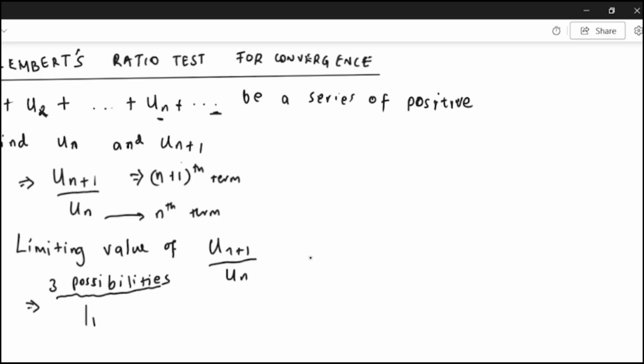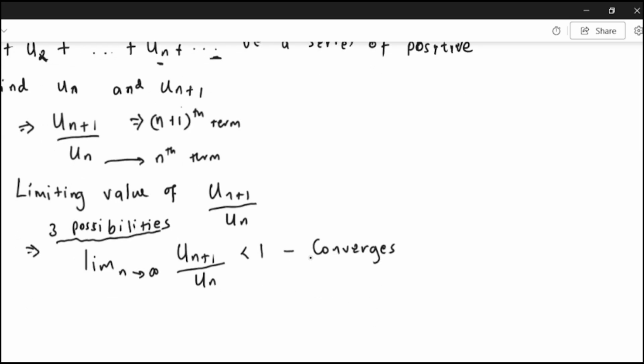Now we are saying we have the limit as n tends to infinity of our ratio here, un plus 1 over un. If it's less than 1, then the series converges. We have a similar limit here.